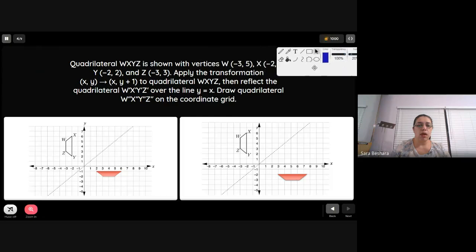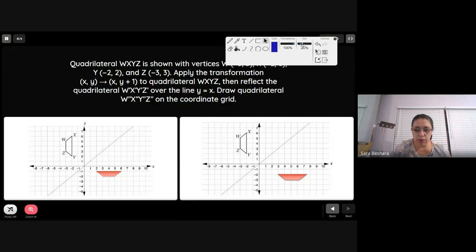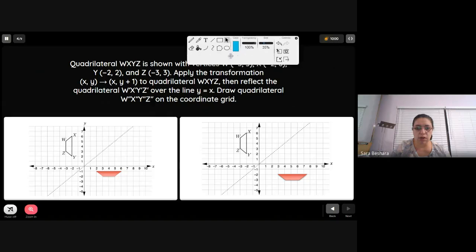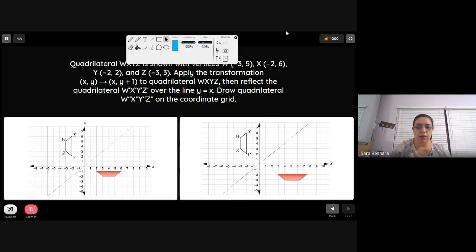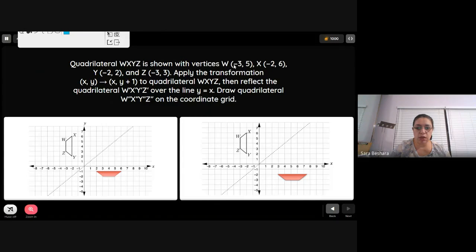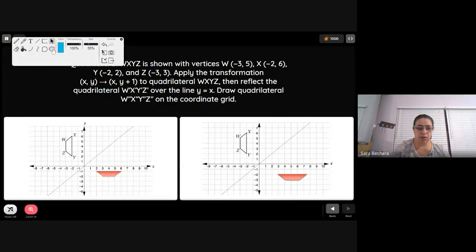I'm going to take one point as an example. Let me make this a little bigger and maybe a brighter color so that it is actually seen on this really dark background. Let's take the first one, W, which is -3 and 5.